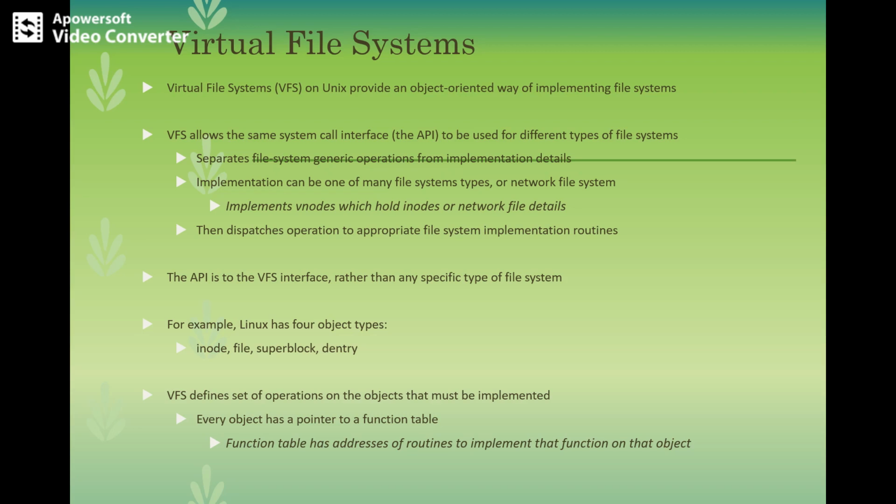Next, as you know, this network-wide uniqueness is required for support of the network file system. So VFS distinguishes local files from remote ones, and local files are further distinguished according to their file system types.